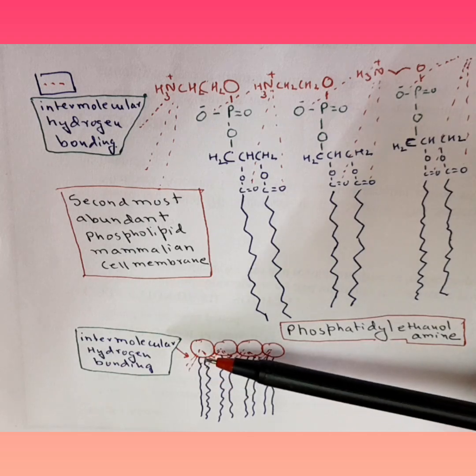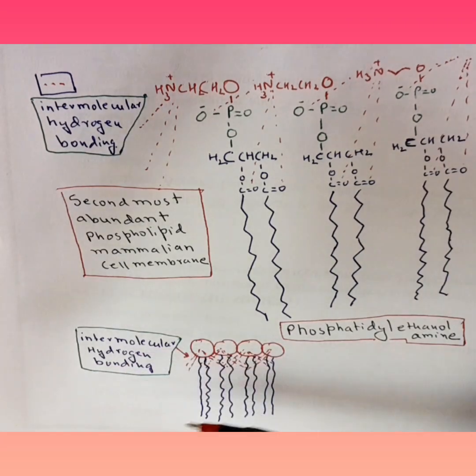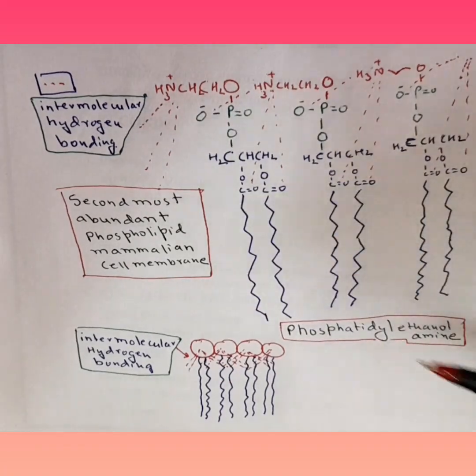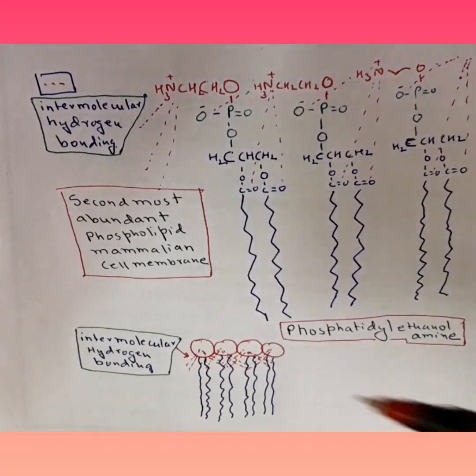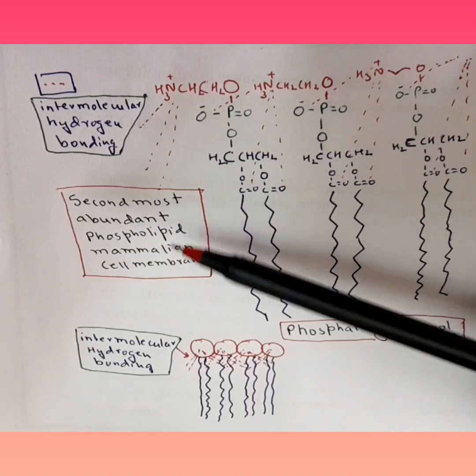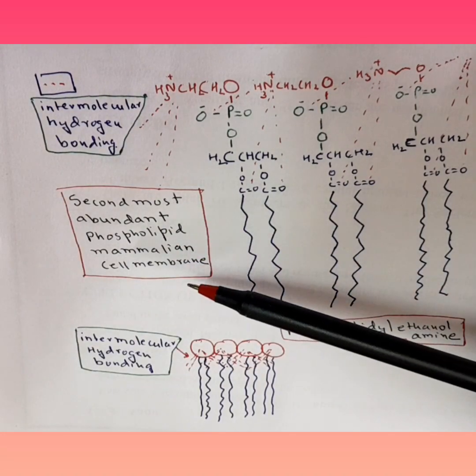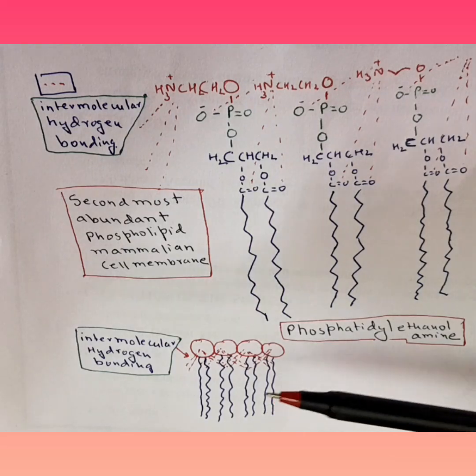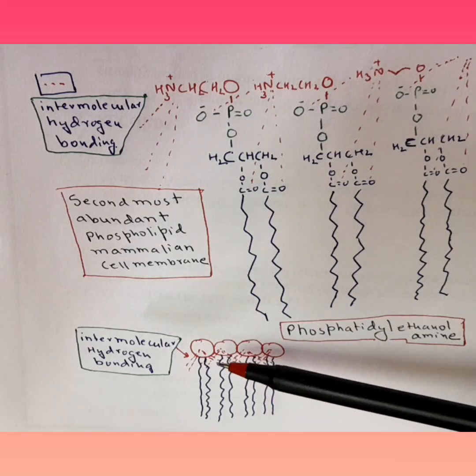All right, so this is what is our intermolecular hydrogen bonding. And this phosphatidylethanol is the second most abundant phospholipid in the mammalian cell membrane. All right, so again see how hydrogen bonding is responsible over here for keeping us safe.